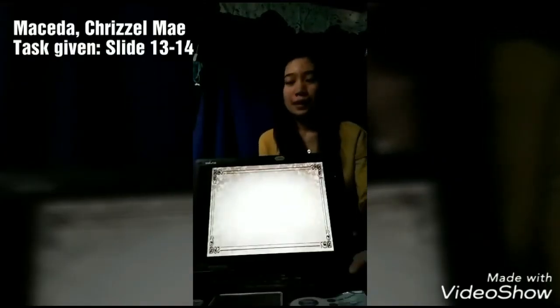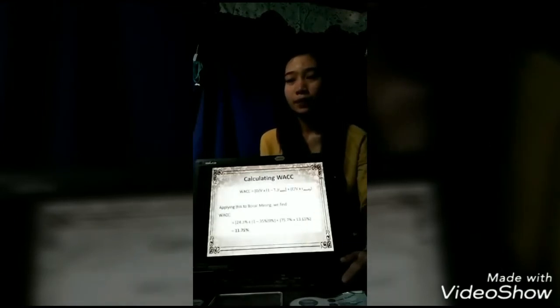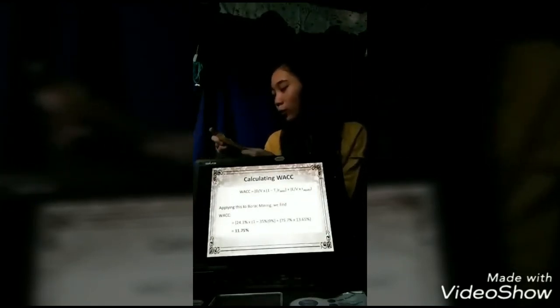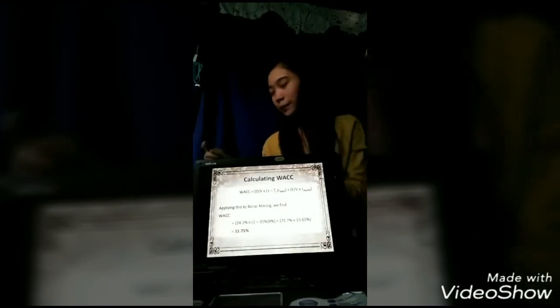Calculating WACC. So the formula for computing the WACC is debt times 1 minus tax rate times cost of debt plus equity or the common stock times the cost of equity.